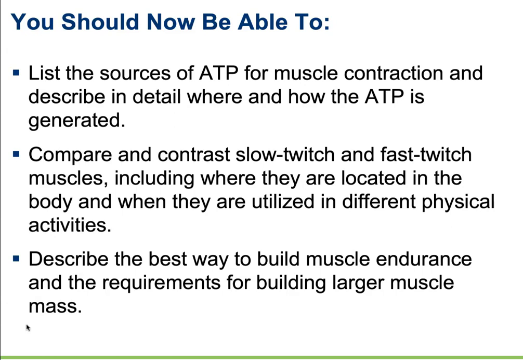We're going to skip slow and fast twitch muscle contraction this time. If we have time later in the semester, maybe we'll come back around to it. But we're going to skip out on slow twitch and fast twitch muscles, where they're located and when they're utilized. I would like you to be able to describe the best way to build up muscle endurance and the requirement for building larger muscle mass. All right, and that's it for this chapter.